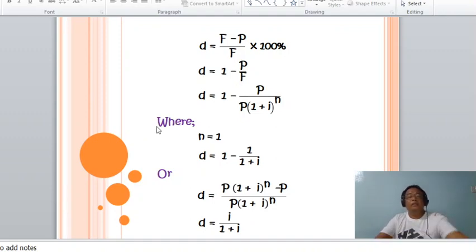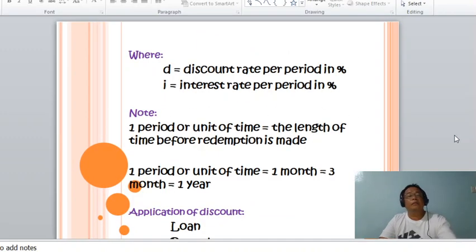So, the derived equation now will become D is equal to I over (1 plus I), where D now is the discount rate per period in percent and I is the interest rate per period.